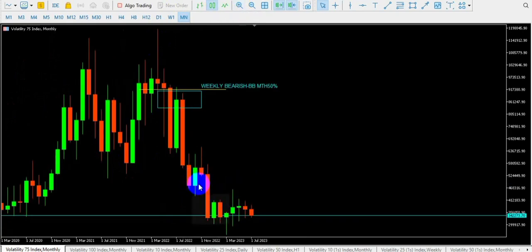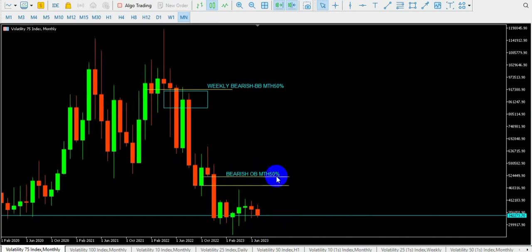I'll mark the opening price, the low, the main threshold. Now I've marked it. This is the monthly bearish order block, the main threshold of the monthly bearish order block.